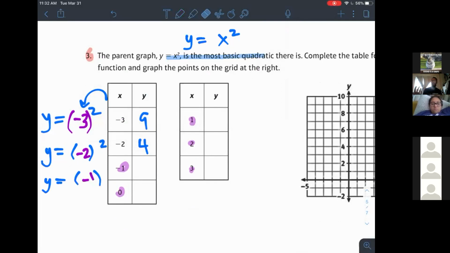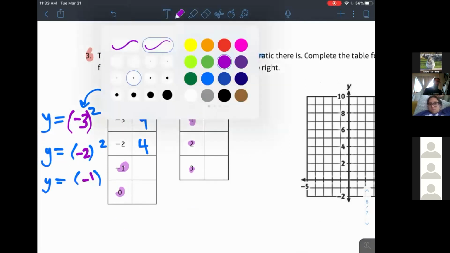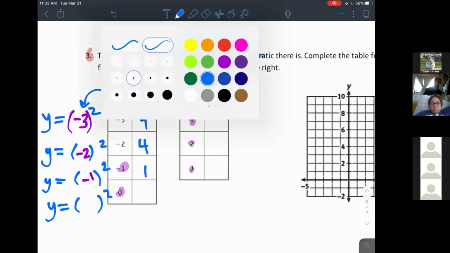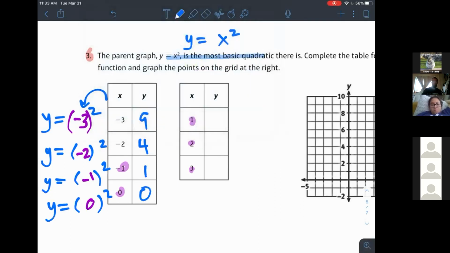Remember, we substitute, then evaluate. -1 squared. PEMDAS says we're going to do the exponent first here. -1 times -1 is +1. And last but not least, when x is 0, y equals x squared becomes y equals 0 squared. And what's 0 times 0? None other than 0. Now, as we continue to work our way up here, 1 squared is 1, 2 squared is 4, and 3 squared is 9, we get our answers.